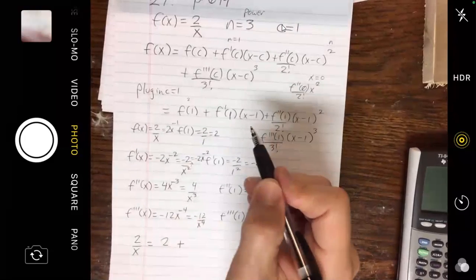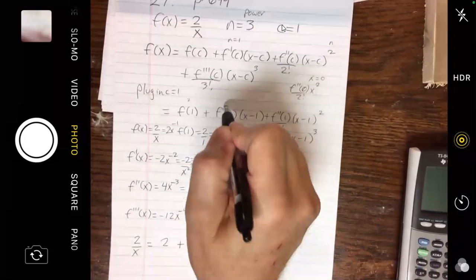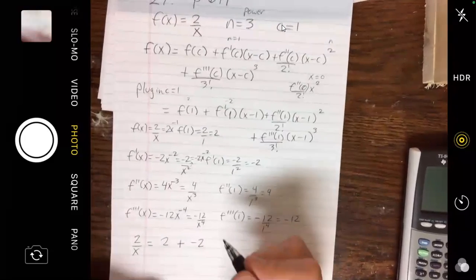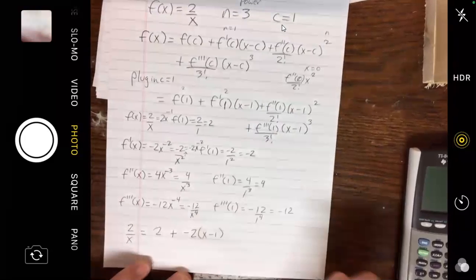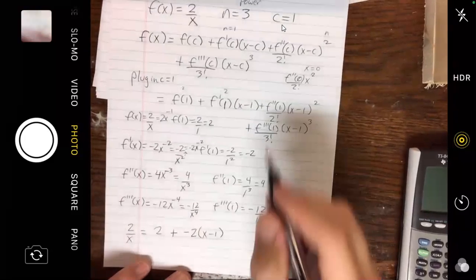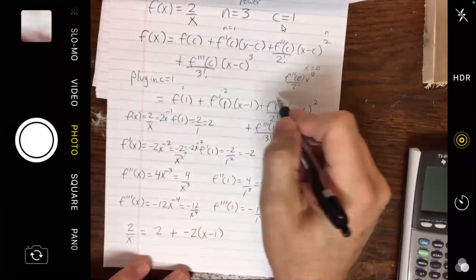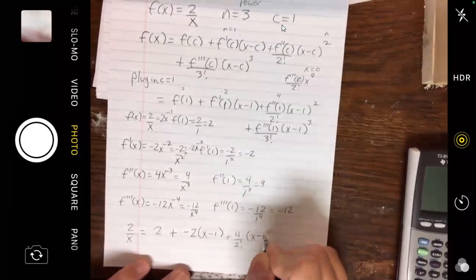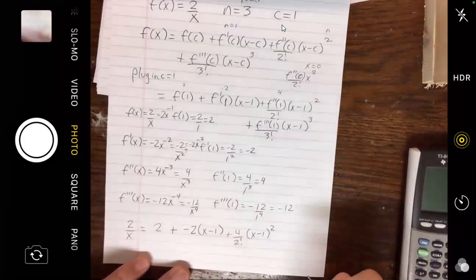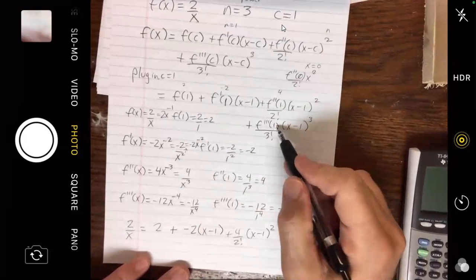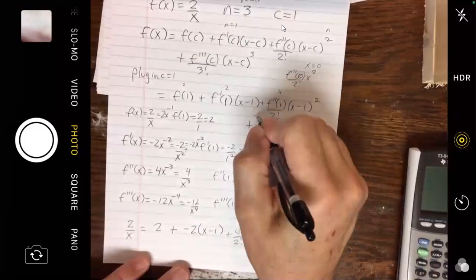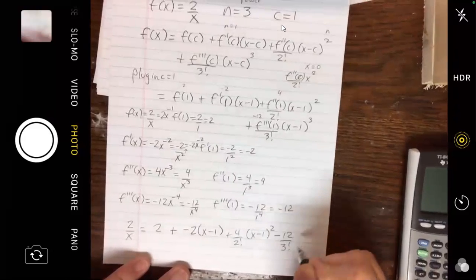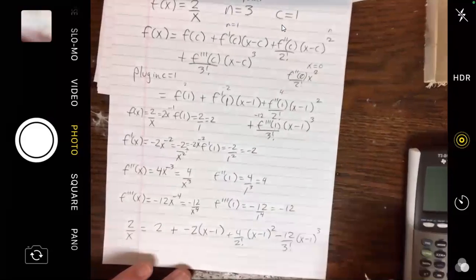Your f prime of 1 is negative 2, so you can go plus negative 2 times x minus 1. Your f double prime of 1 is 4, so that's plus 4 over 2 factorial, x minus 1 squared. And your f triple prime of 1 is negative 12, so minus 12 over 3 factorial, x minus 1 cubed.